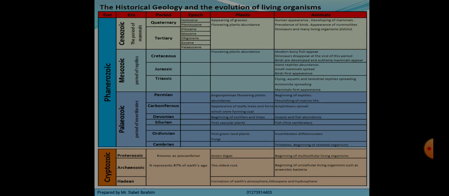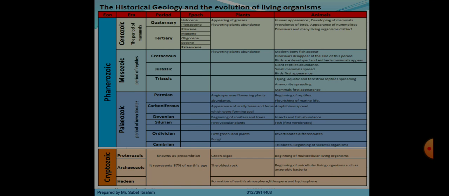So let's go back to the time scale. From Hadean to the end of Proterozoic, I mean the Cryptozoic period, is about 87% of Earth's age. That means from 4,600 million years to 542 million years.